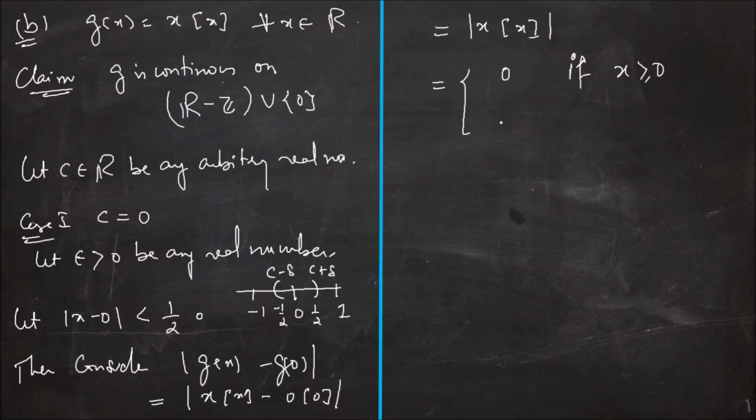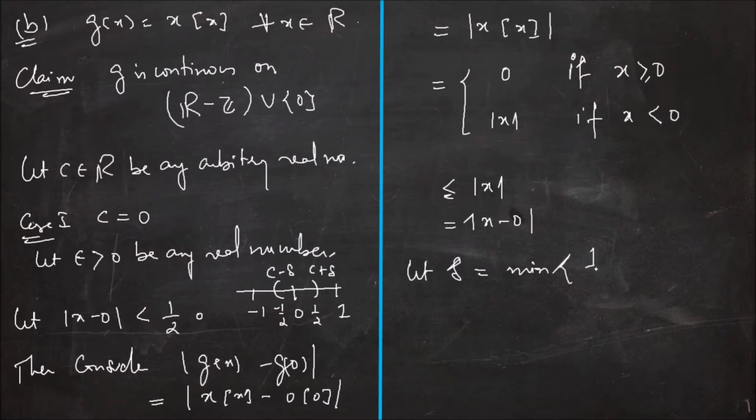And this is equal to |x| if x is less than 0. So both the things are less than or equal to definitely |x|. And this is equal to |x minus 0|. So what delta should we take? We want this to be less than epsilon. So for that, let delta equal to the minimum of 1 by 2 and epsilon.